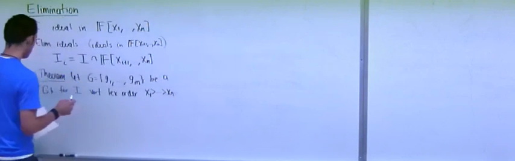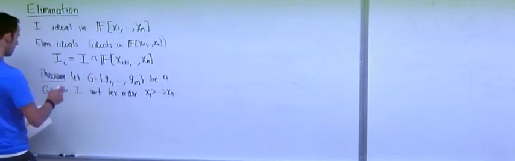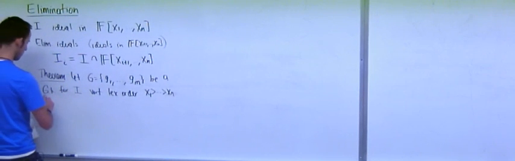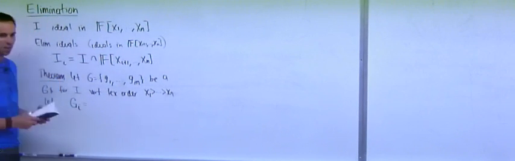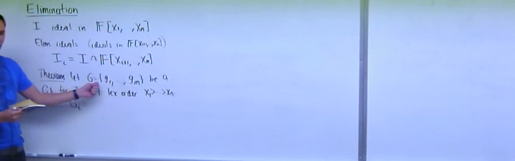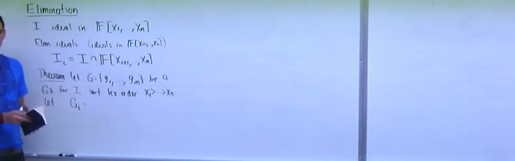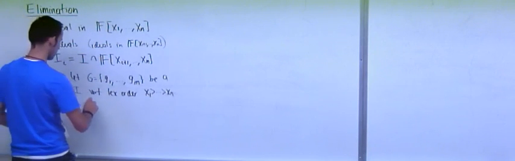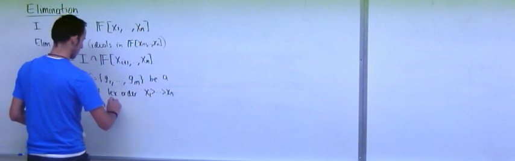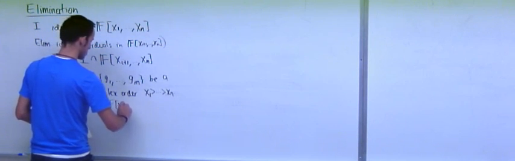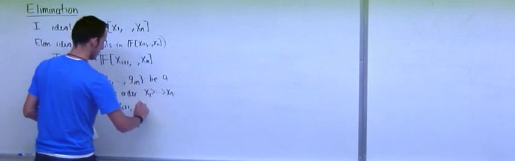Then consider this set Gi, the set of polynomials in G that do not involve those variables that we don't want to involve. So the polynomials in G that only involve the variables x_{i+1} up to xn.